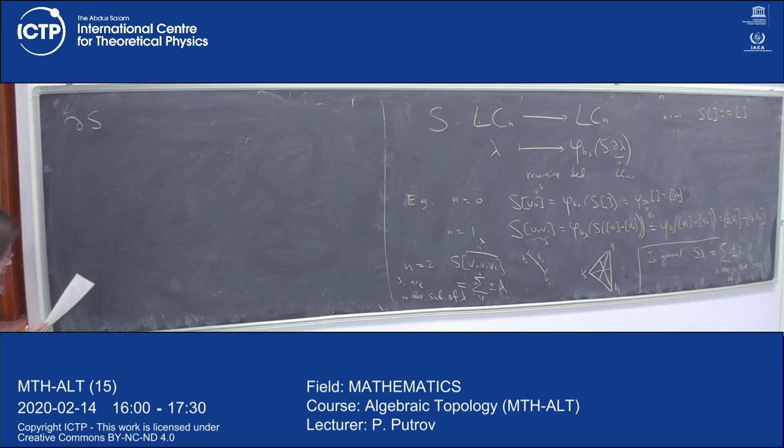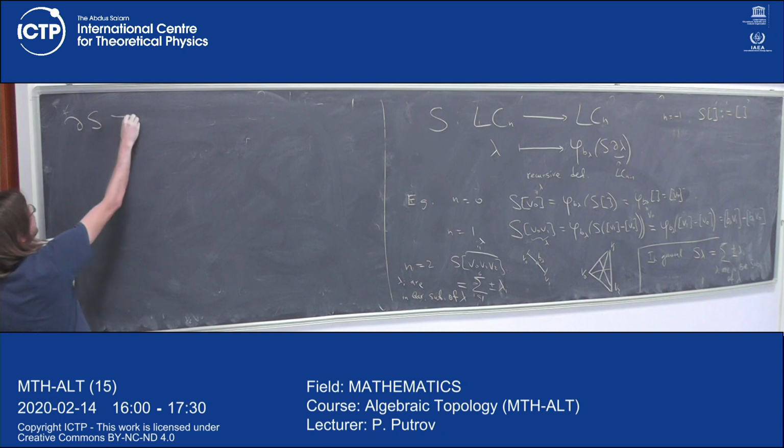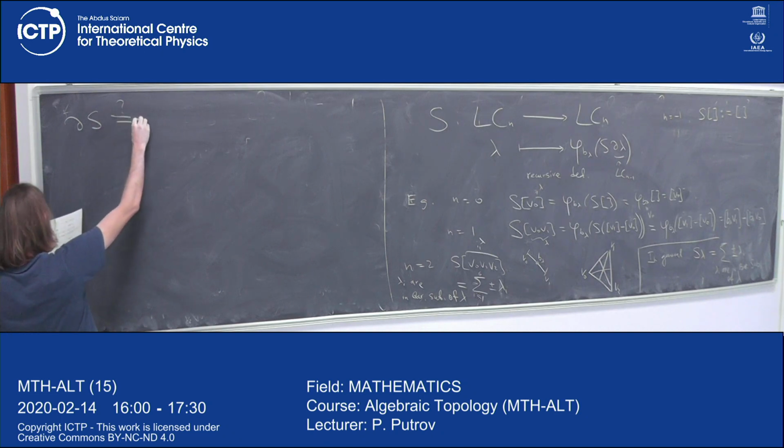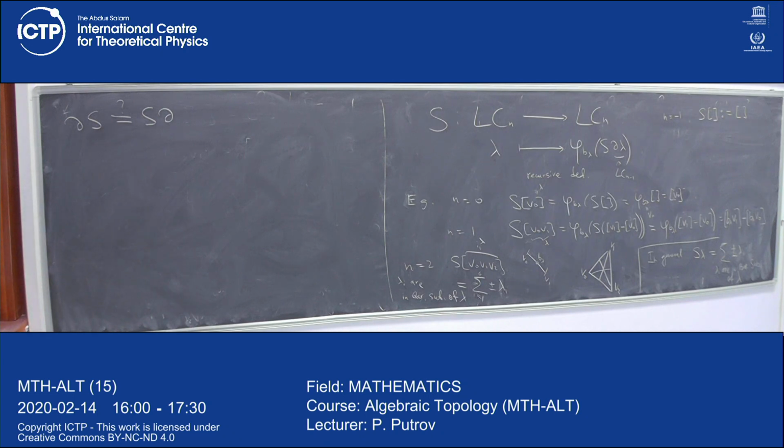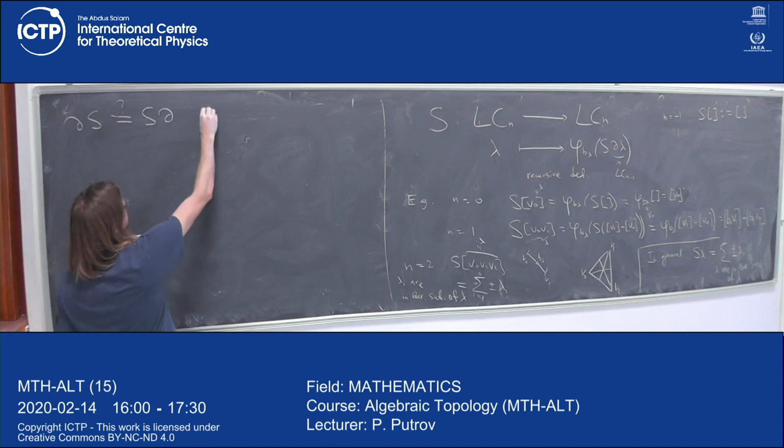Okay, similar to this operator phi, we want to check the following property for S. We want to check that S commutes with d, so S is a chain map. Since S is recursively defined, it's natural to prove this recursively, by induction.